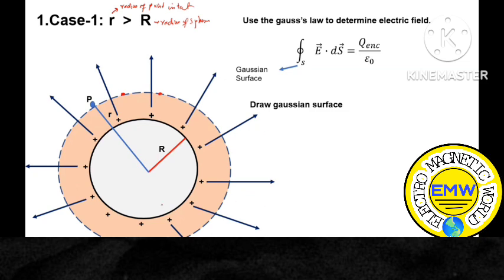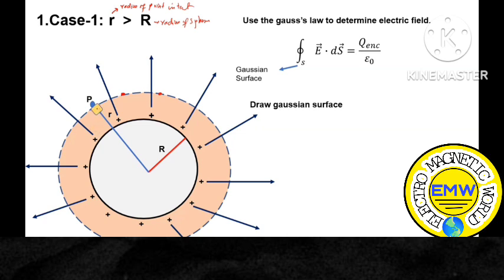Both are parallel. As you know, E dot ds is equal to E ds cos theta. The angle is 0, and cos 0 is 1. So E dot ds is equal to E ds.